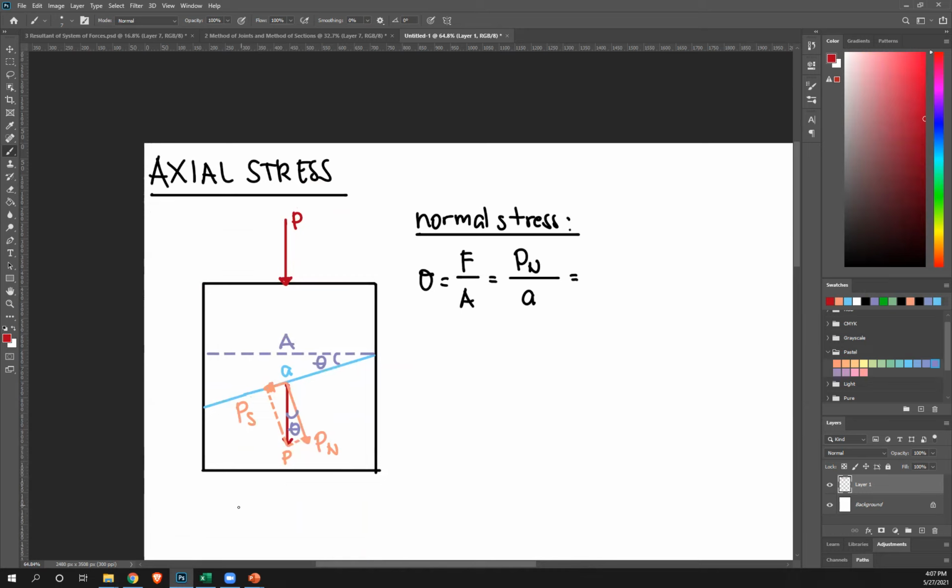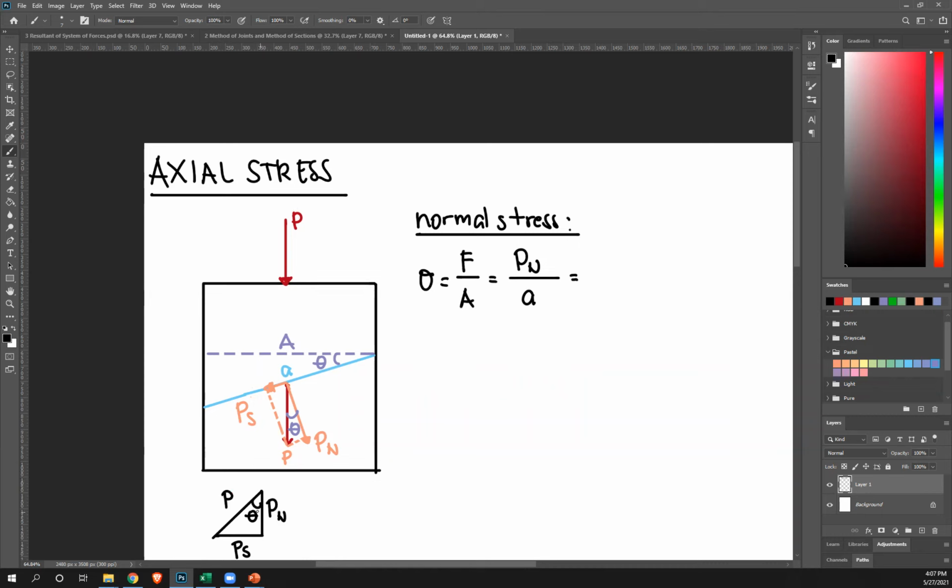If I try to blow that up, we have something that looks like this, right? This is your theta. This is your P. This is your Pn. This is your Ps. And then from this, we have a right triangle I can use for trigonometric functions to solve for Pn.